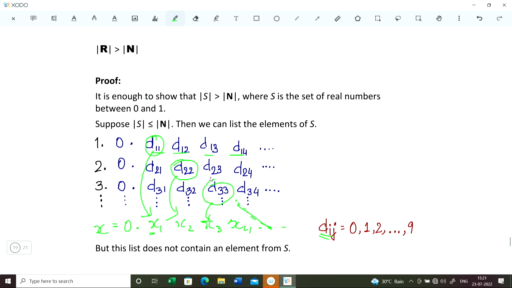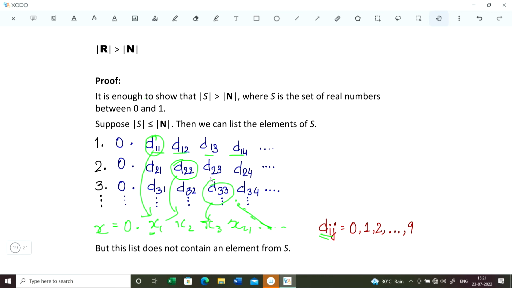That's why the method used in this proof is actually called Cantor's diagonalization method. Cantor because Cantor was the one who came up with this idea, and diagonalization because we are going along the diagonal.